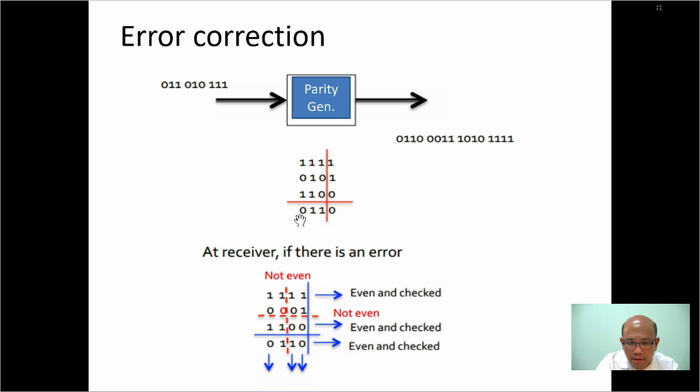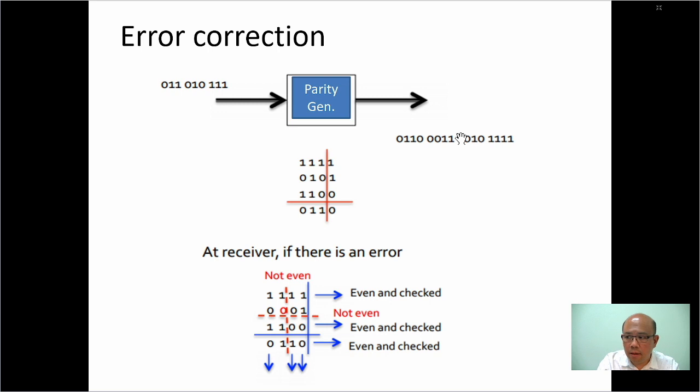After that, reconsider the row, where 0, 1, 1 gives 0. Now send it to the receiver. We have the pattern and the overhead.